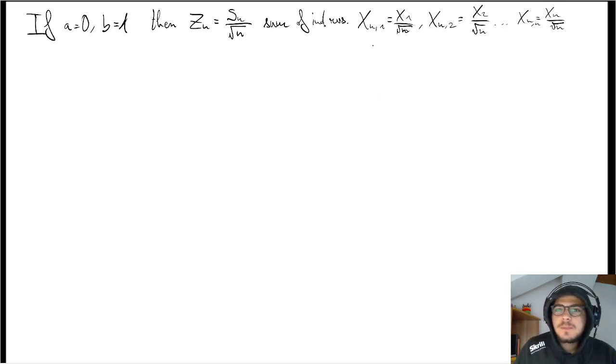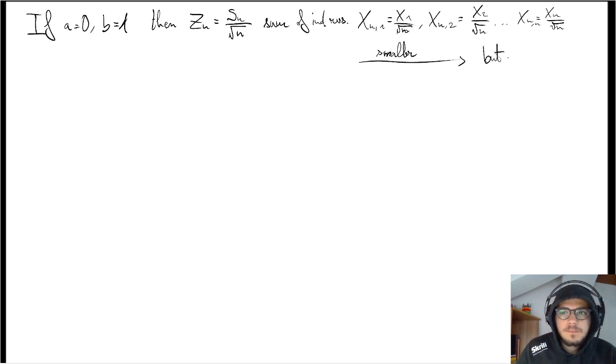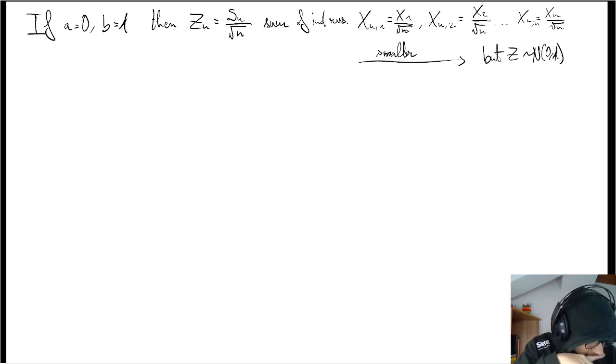So these become smaller and smaller. So the sum of random variables stays stable in some sense.